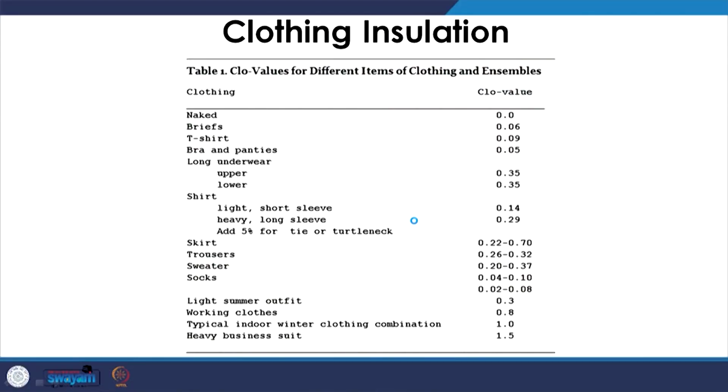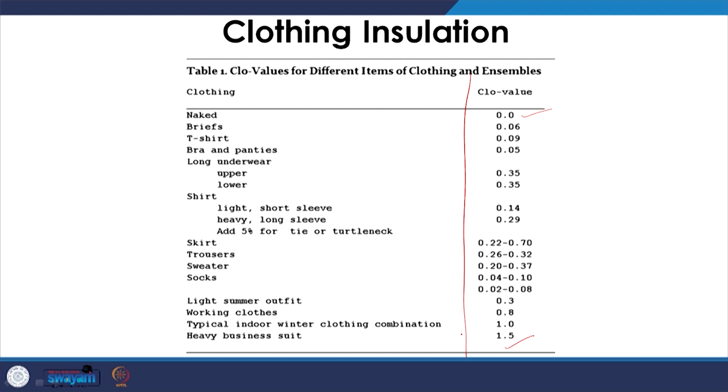There are defined clo values, insulation values, for different kinds of clothing types, starting from 0 when the subject is not clothed at all, to a very heavy business suit which may go as high as 1.5. So, by varying the clo values, our clothing patterns, we can feel comfortable for the same set of environmental parameters.